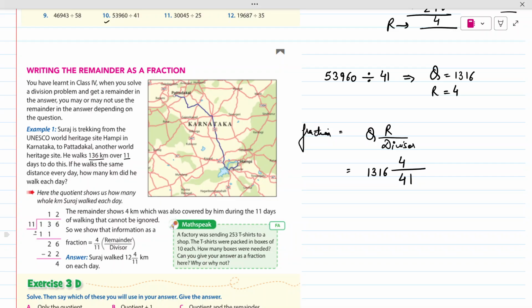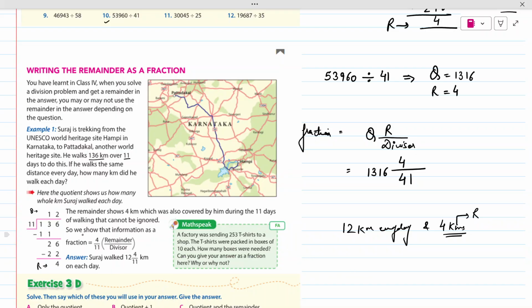So when we are doing it here, we are getting 12 as a quotient. That is the total number of kilometers he did each day, and the remainder, that is the extra distance he covered. So that means that in 11 days he has covered 12 kilometers every day, and 4 more kilometers, which is shown by the remainder here. And now if we have to represent this in the form of a fraction, how can we do this?